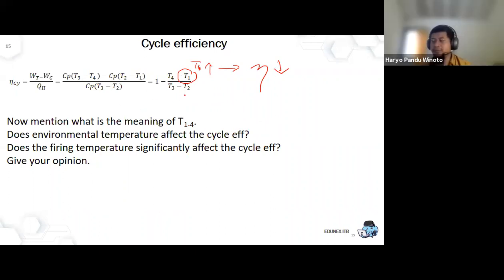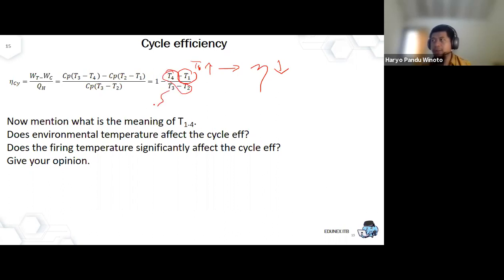T4 and T2 cannot be helped, because they occur after work, after the compression or expansion. We cannot control T4 and T2.